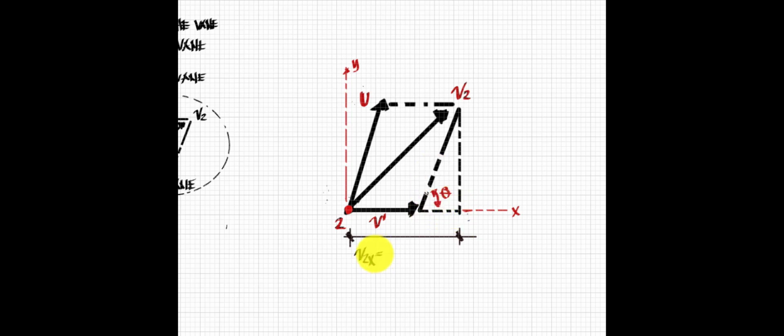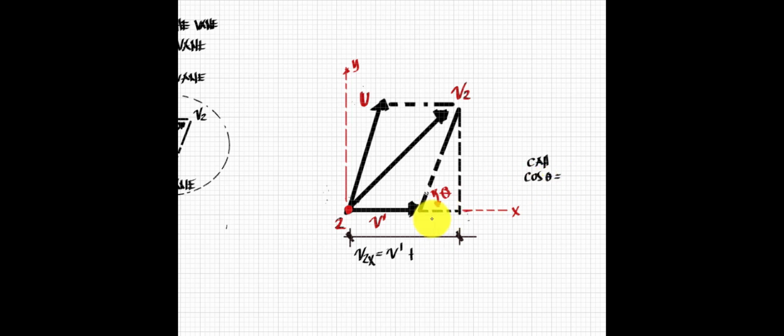So that will be equal now to velocity prime plus, what will be the value here? Taking the cosine, that will be cosine of theta. So it's equal to your adjacent over hypotenuse.